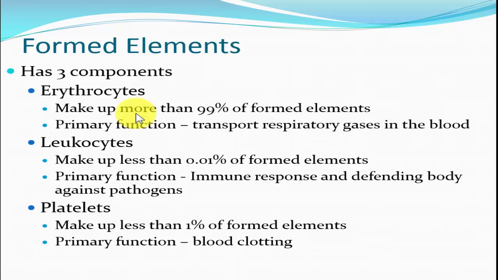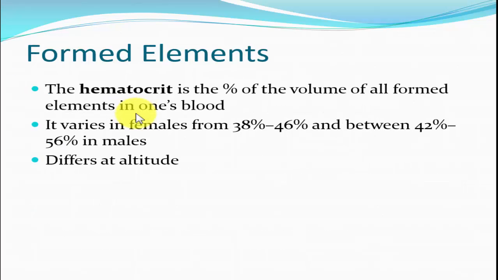Those are responsible for transporting respiratory gases. If we move into these different altitudes, that change in altitude basically changes the amount of erythrocytes that we're going to be able to have within our formed elements, thus reducing the ability to transport oxygen and carbon dioxide effectively within our body.